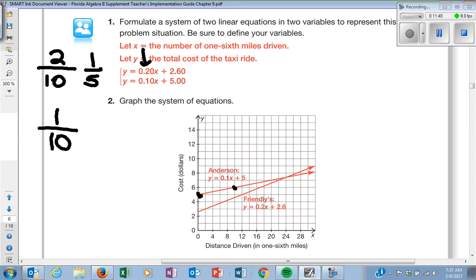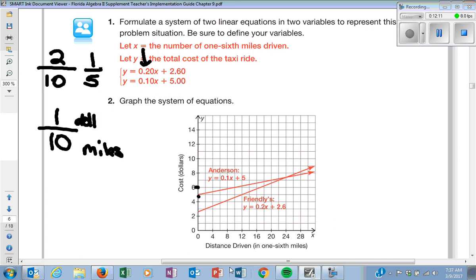And it's not even perfect either. It goes every $1, right? It's going to cost, how far can you drive? Every $1, this is a dollar, you get to drive what? Does that make sense?